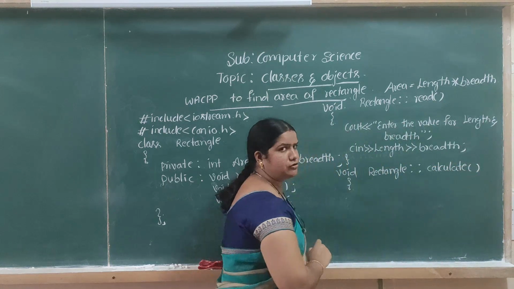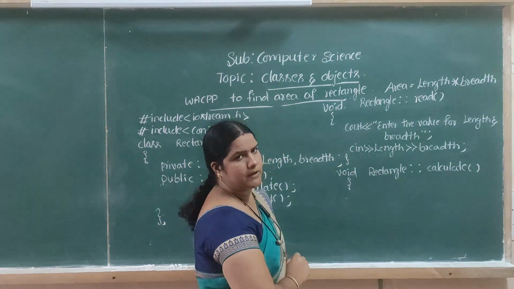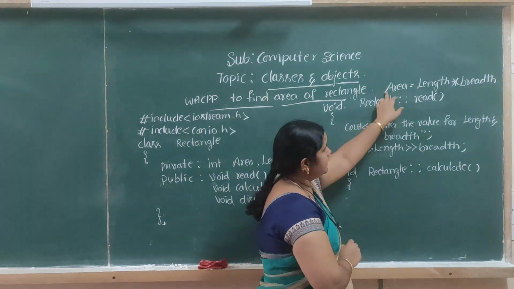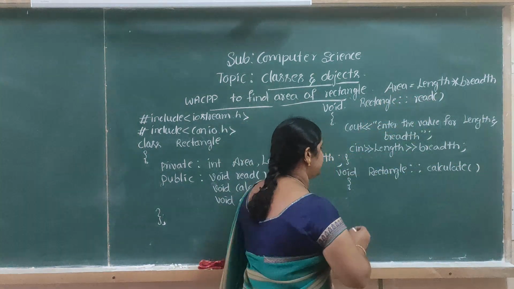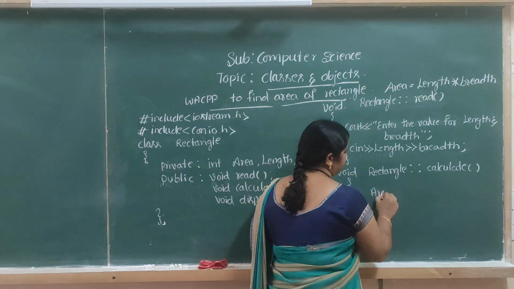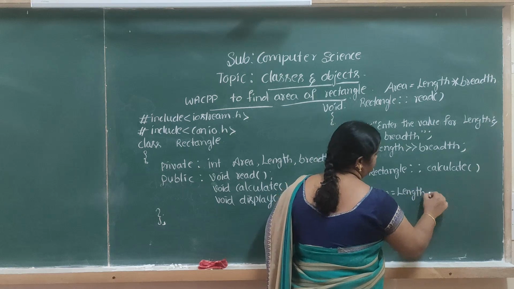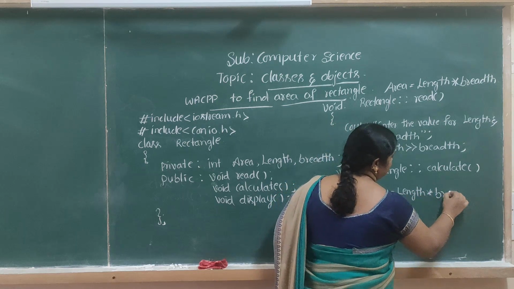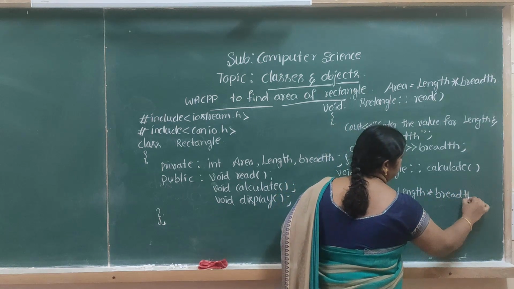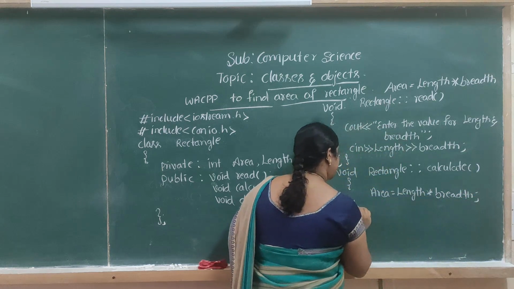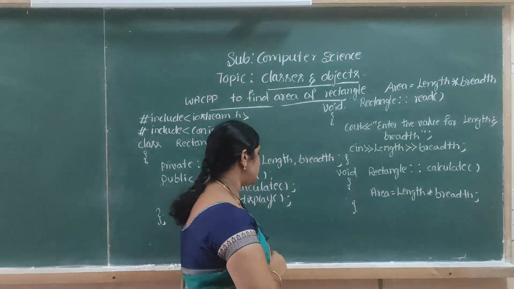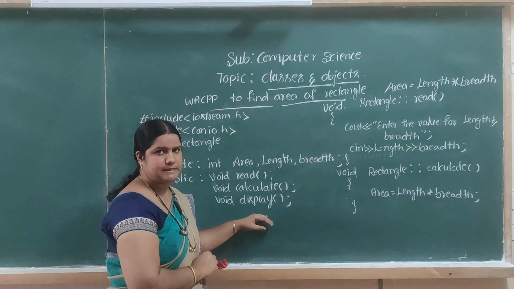In this member function, we have to write the calculation equation: area equals length into breadth. And closing curly bracket. And last member function is void display.